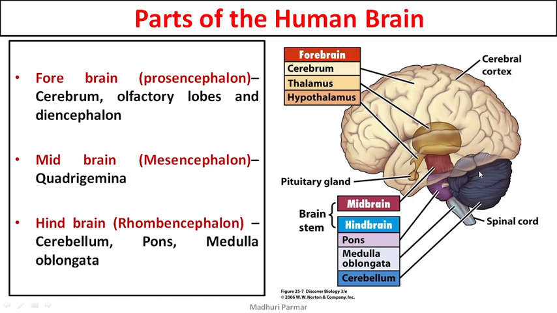Fine, so three parts: cerebellum, pons, and medulla oblongata. These are consisted in hind brain. So the main three parts of your human brain are forebrain, midbrain, hindbrain. In this lecture, we shall be discussing only the forebrain. You will understand it one by one.